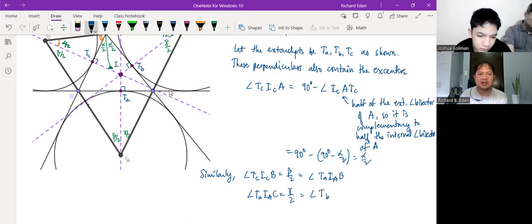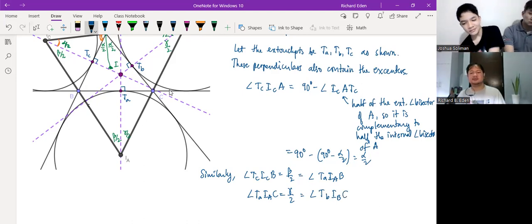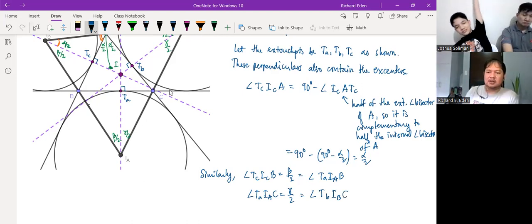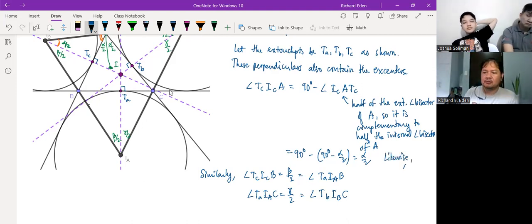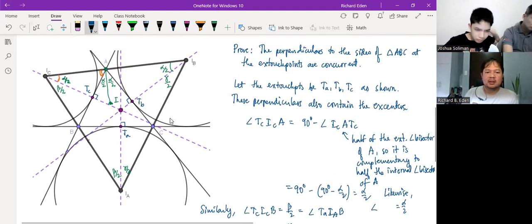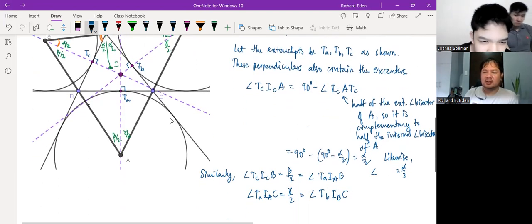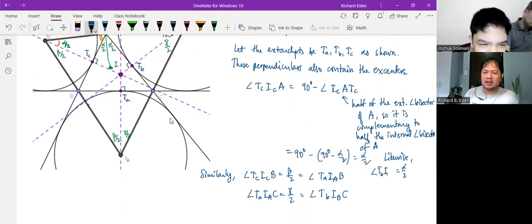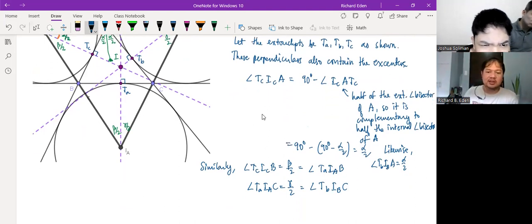T sub B, I sub B, C. Likewise, another alpha over 2 would be angle TB I B A. Anyway, these are just the same markings that we were already able to easily write.